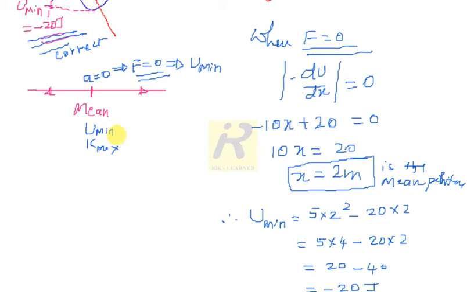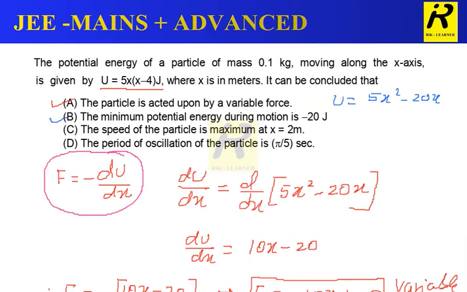When kinetic energy is maximum, which implies velocity should be maximum, or speed also maximum, right? So definitely what is said in option C, that the speed of the particle is maximum at x equals 2 meters, is also correct.